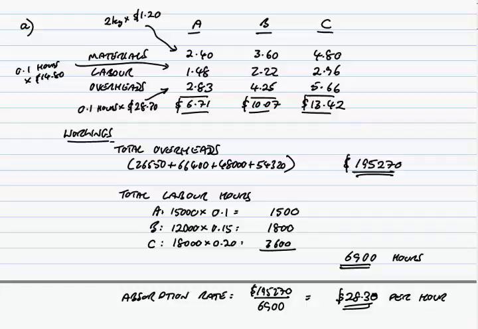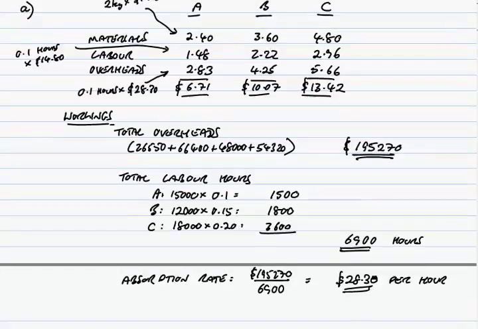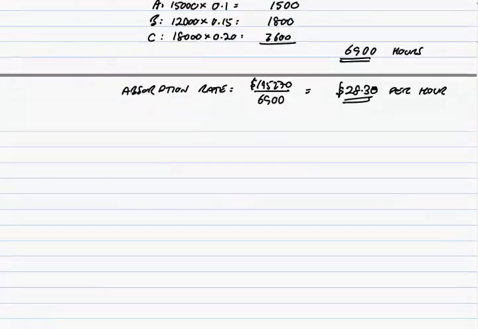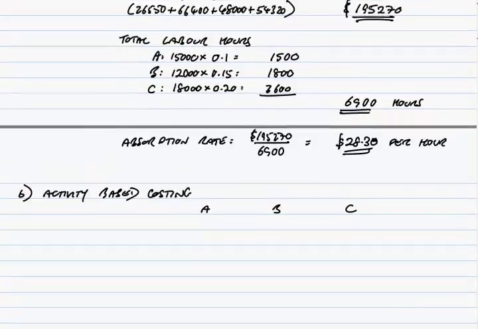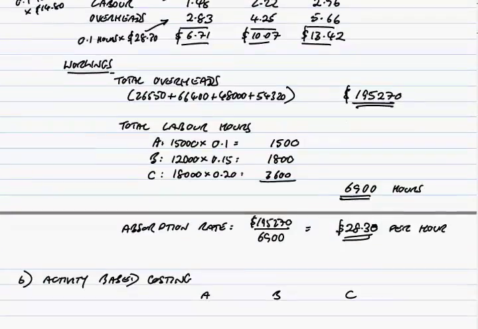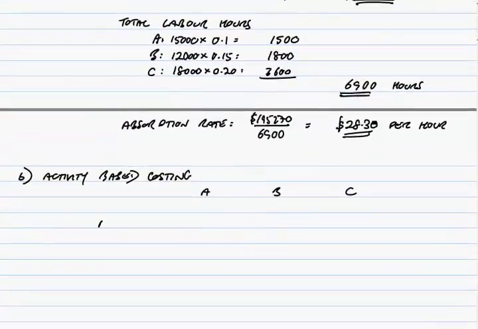However, let's turn to Part B, where again we want the full cost per product, but this time using activity-based. Well, again, I'll set up my cost cards, get an easy mark. Materials and labour exactly as before, so we don't need to repeat the arithmetic.